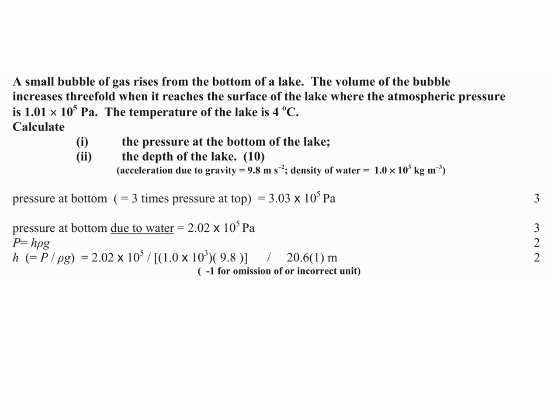So 2.02 by 10 to the 5 divided by the density of the water times gravity. So the depth of the lake we can work out in meters, 20.6 meters. And you see there, if you leave out your unit, -1 mark for leaving out your meters for your depth. So always include units in your answers.